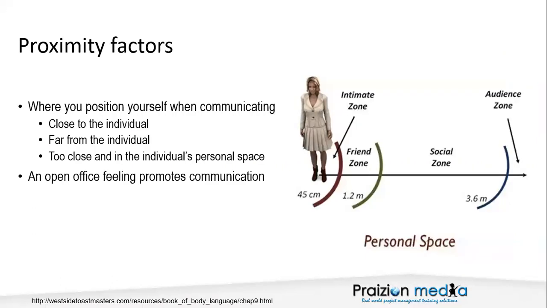We also need to think about proximity factors, where you position yourself when you're communicating. It could be threatening. If you're too close and you're in the individual's personal space, that's a problem. Being far from the individual could also mean something. Recent photos showed a well-known leader communicating with his people, and he sat at the far end of the table. Well, it portrayed fear.